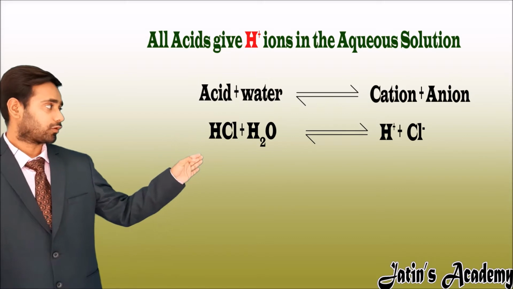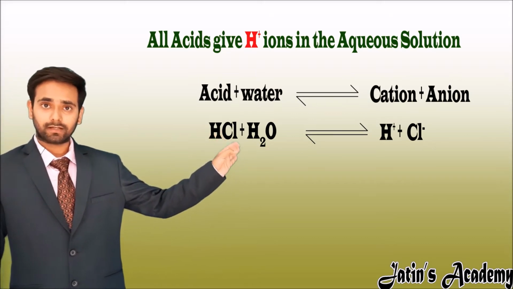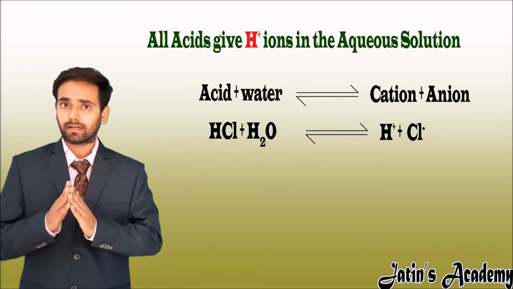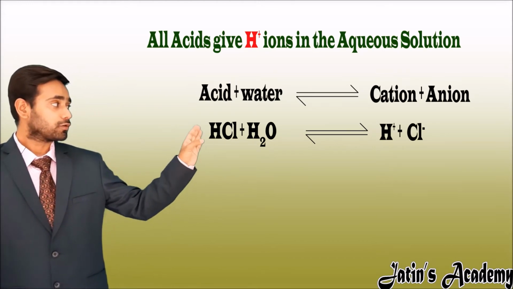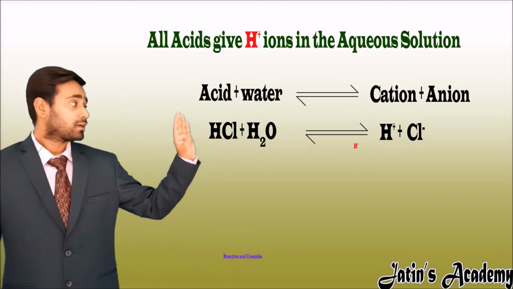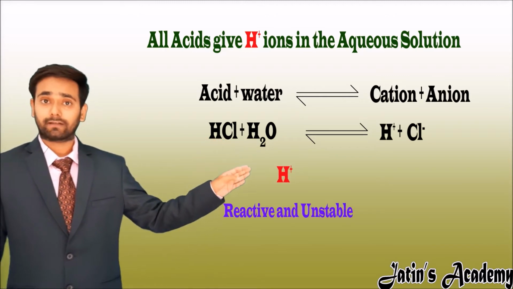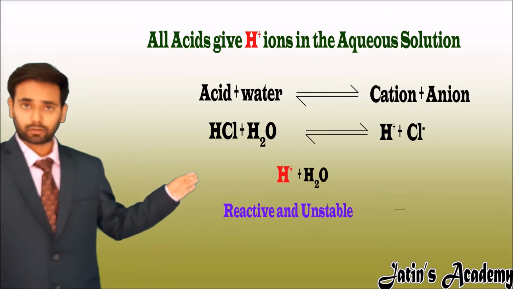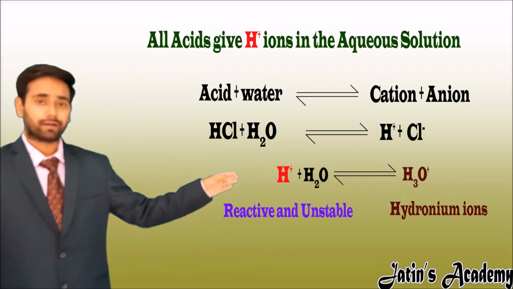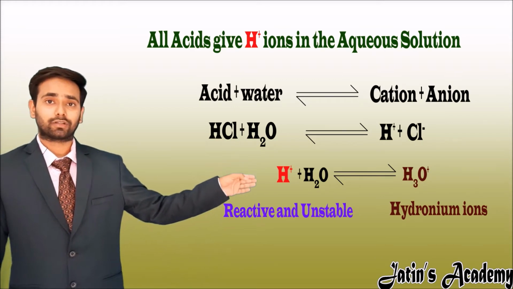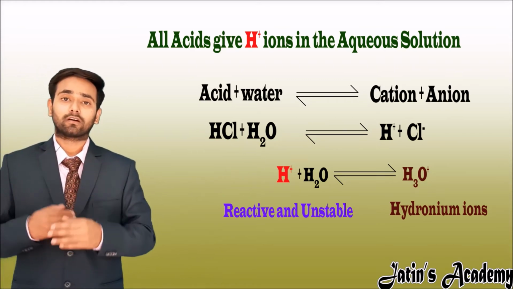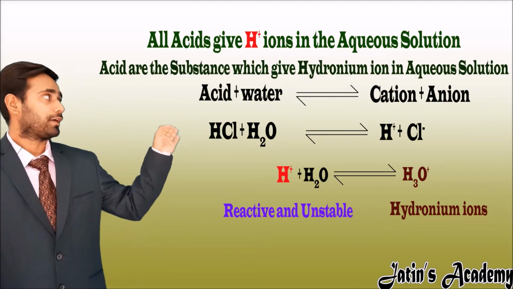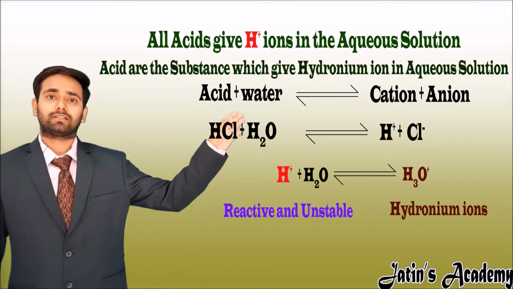When it reacts with water, it gives H positive ion and Cl negative ion. Actually HCl is dissociated into H positive ion and Cl negative ion. H positive ions are most reactive and most unstable. So they further react with water molecules and give hydronium ions, that is H3O positive ions. So we can also say that acids are substances which give hydronium ions in the aqueous solution.